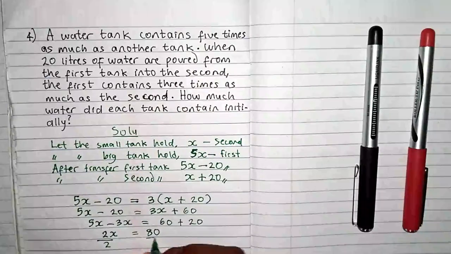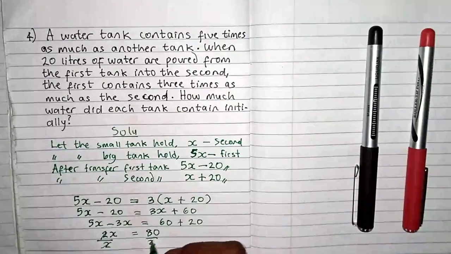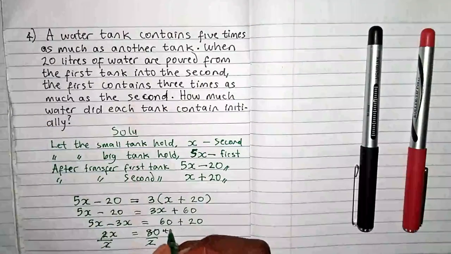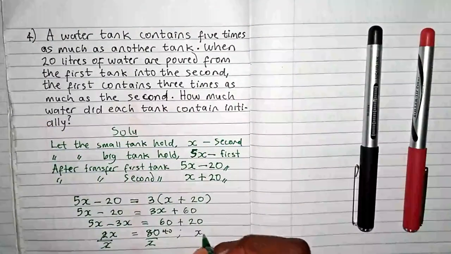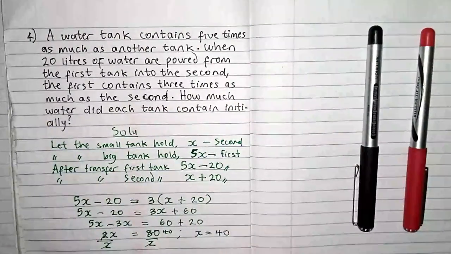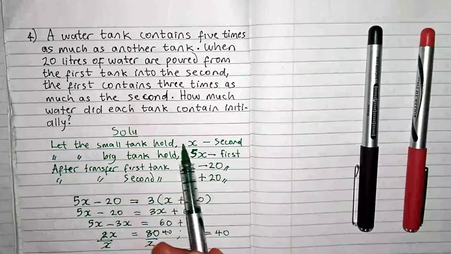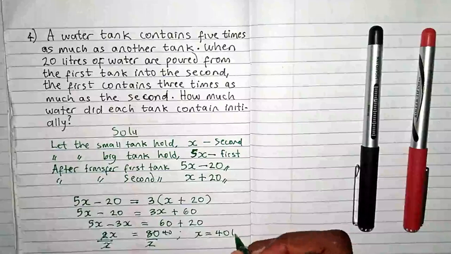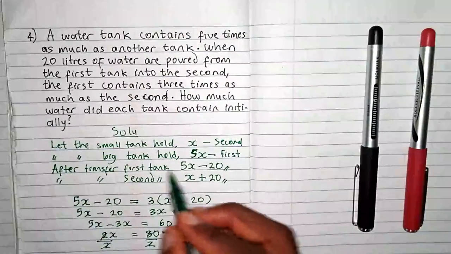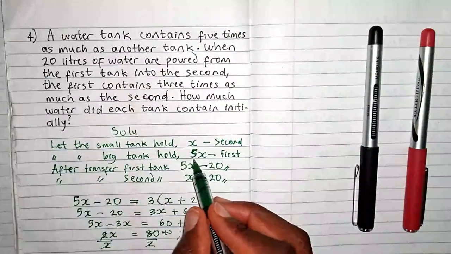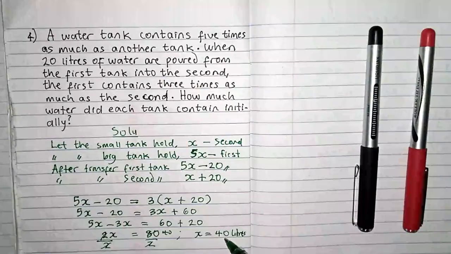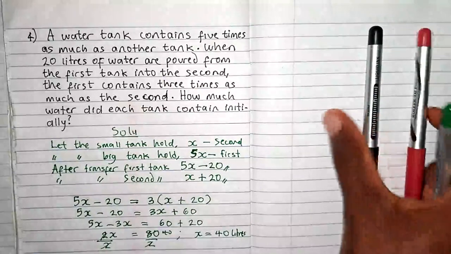Dividing through by 2, we get 40, meaning x equals 40. Now what value is x? That means the small tank initially holds 40 liters of water, while the big tank holds 5x, that's 5 times 40.